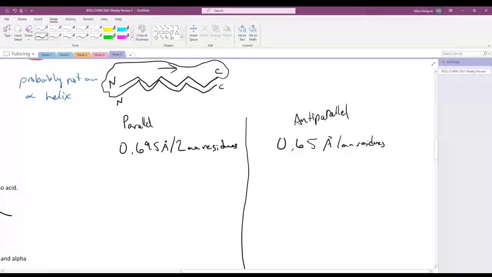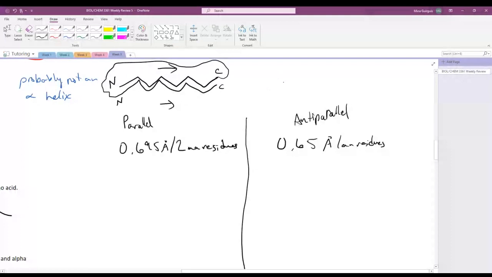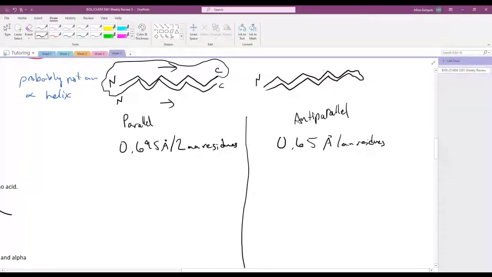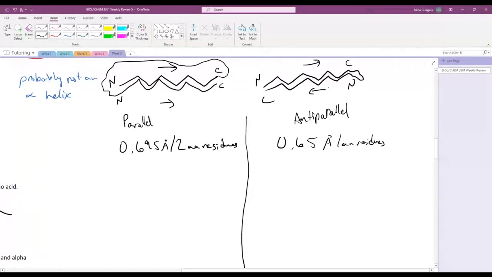If our N to C are going the same direction, that's a parallel beta sheet. On the other hand, antiparallel, as I'm sure you guys can guess by now, is when they go in opposite directions. So if this is our N, this is our C, well, this is the N-terminus of the bottom and the C-terminus of the bottom sheet. And so they're antiparallel because they go in opposite directions.